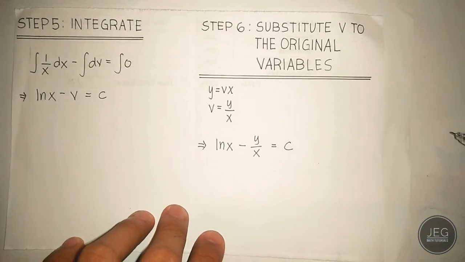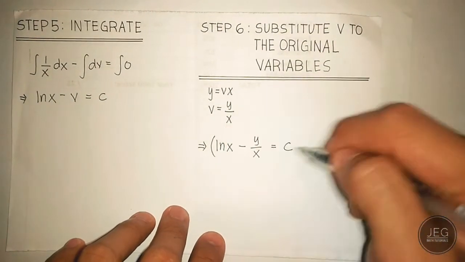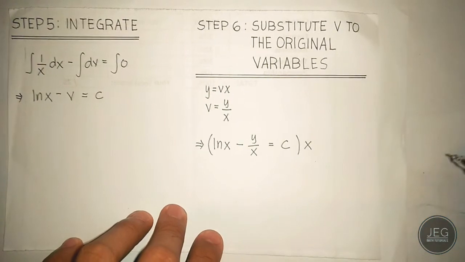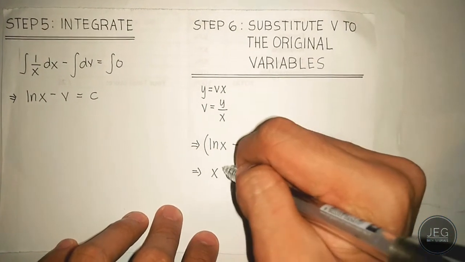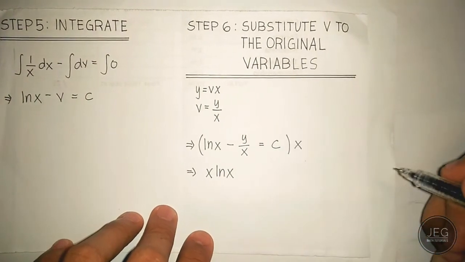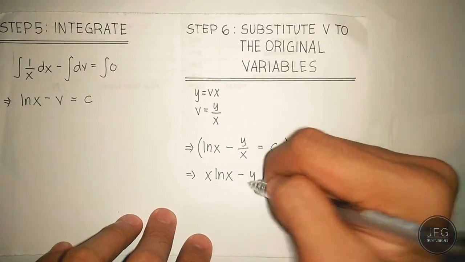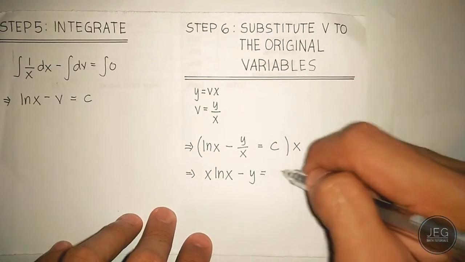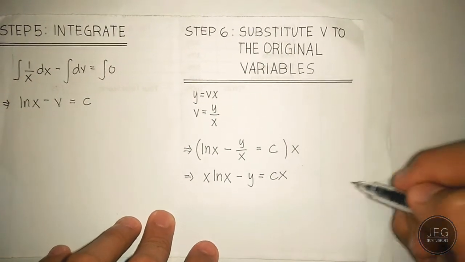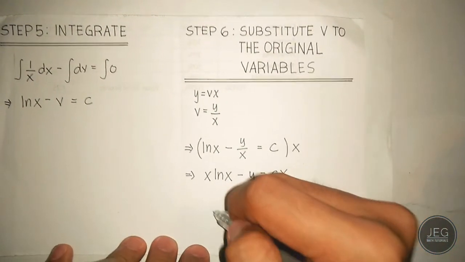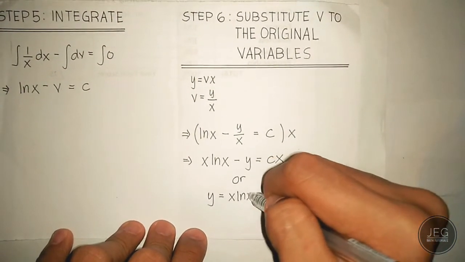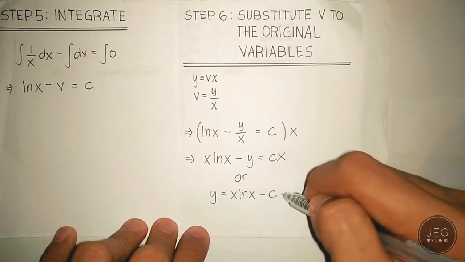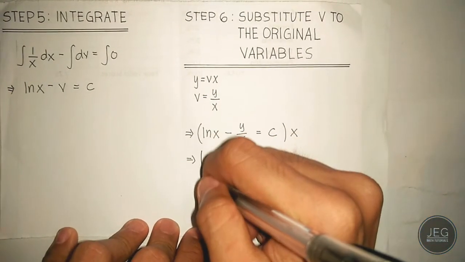Simplify this to avoid complex fraction by multiplying x. So our final answer will be x ln x minus y is equals to cx, or y is equals to x ln x minus cx.